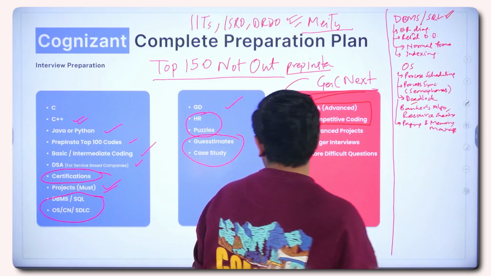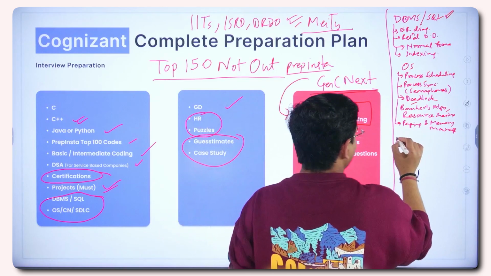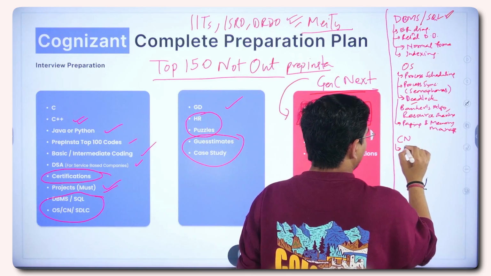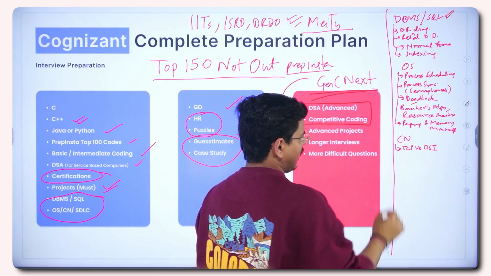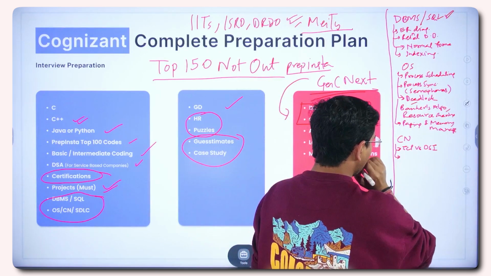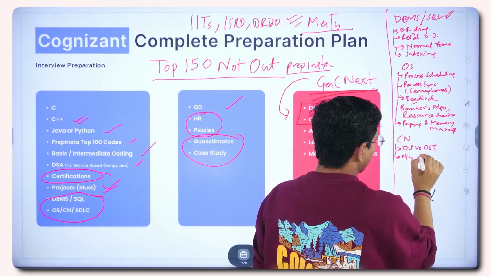No big deal, fine. And for CN, TCP versus OSI, fine. And what else? You can study network security.